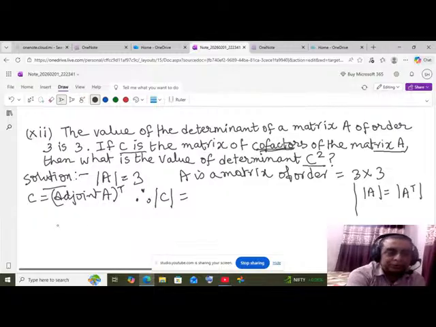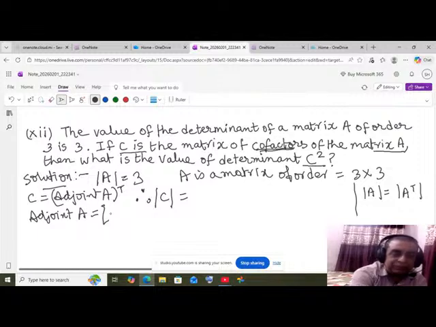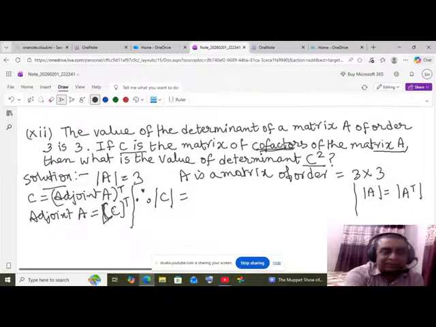Adjoint of A is the transpose of the cofactor matrix. But whether it is the adjoint of A or its transpose, the determinant value will be the same.